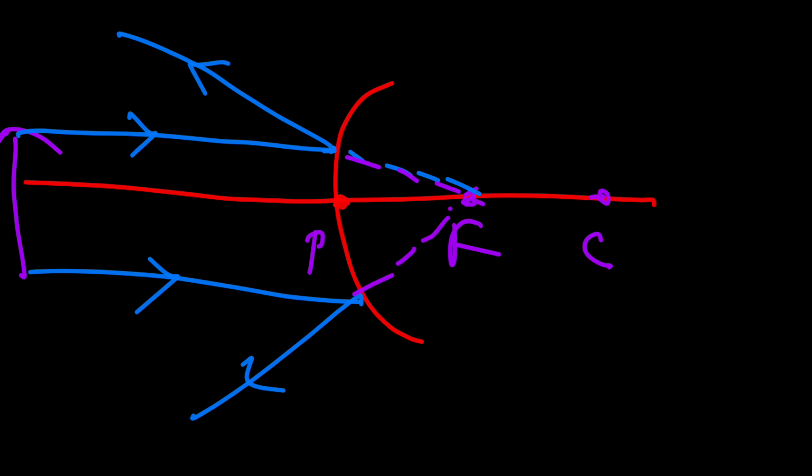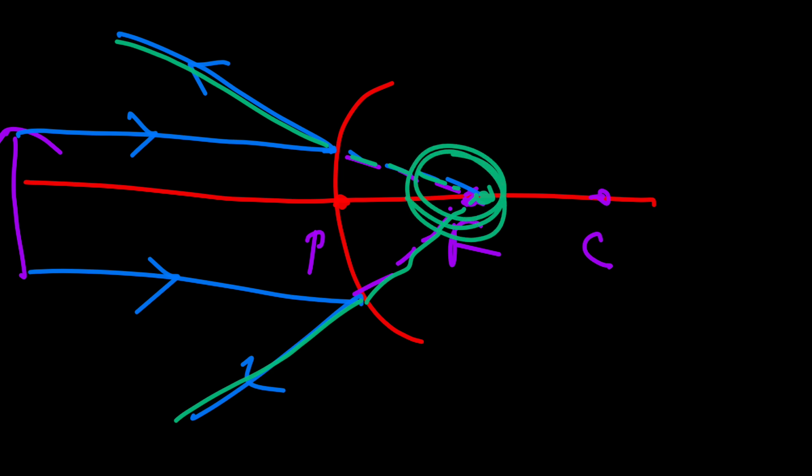It looks like these reflected rays appear to come from the focus, right? The rays haven't really met, but it looks like they appear to meet at one point over here. So we finally say the image is going to be formed exactly at the focus.